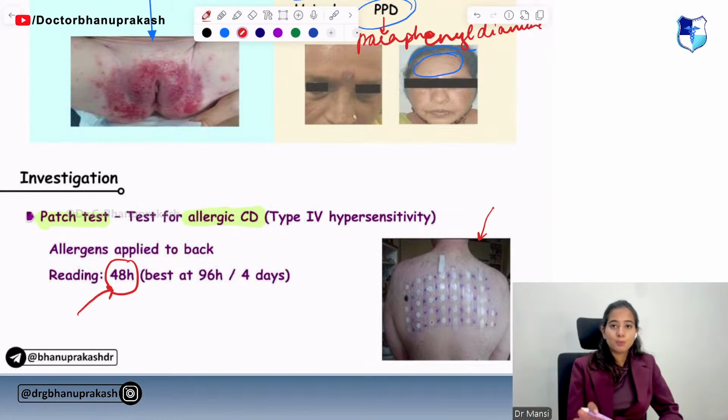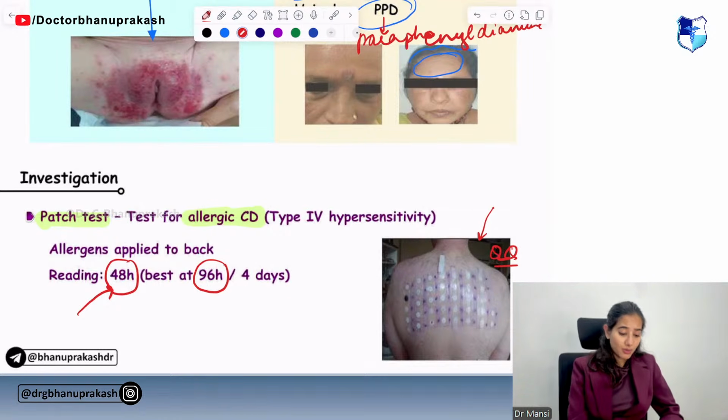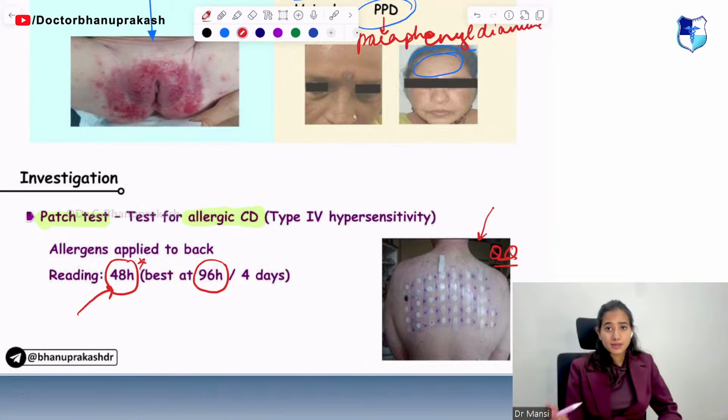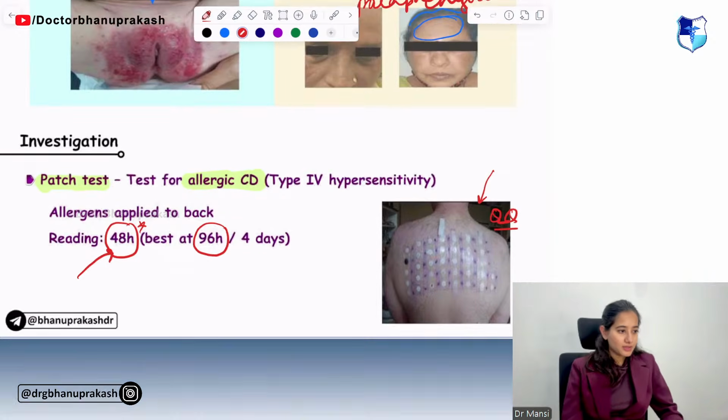But if they ask when the best reading is taken, at 96 hours. So you take two things from here. One, if they directly give you this image, some patch applied to the back, it is the patch test of allergic contact dermatitis. And second, the 48-hour reading, and 96 hours is the best time. I hope this much is clear to you.